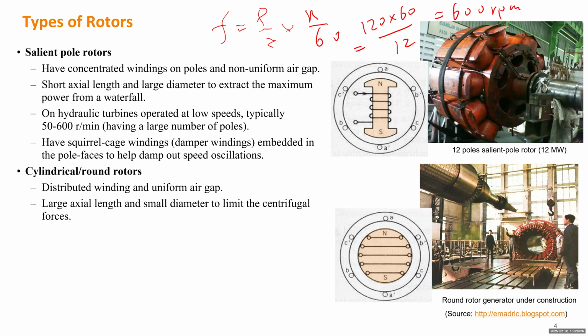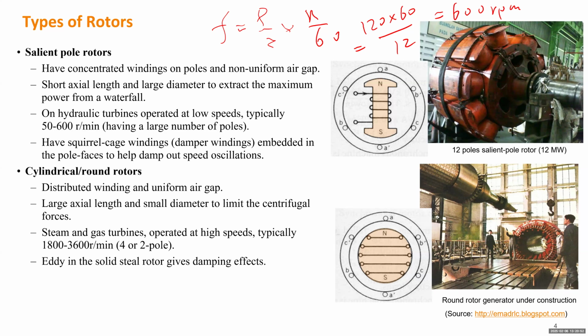The air gap is almost evenly distributed within the stator. They can operate at a much higher speed because they only have 2 or 4 poles. Speed can be 1800 revolutions per minute if you have 4 poles, 2 N and 2 S, or 3600 revolutions per minute if you only have 2 poles.